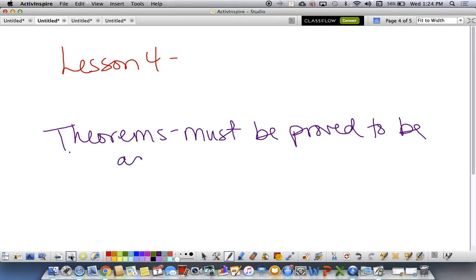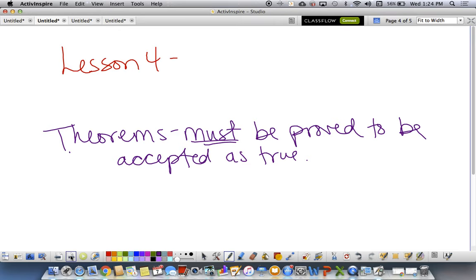To be accepted as true. So that it must be proved. Every theorem that's in this book is proven somewhere in this book as an example, or they're going to ask you to prove it.